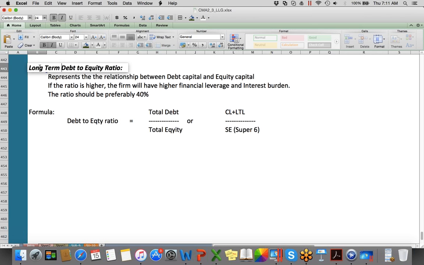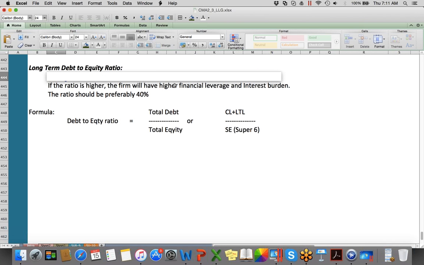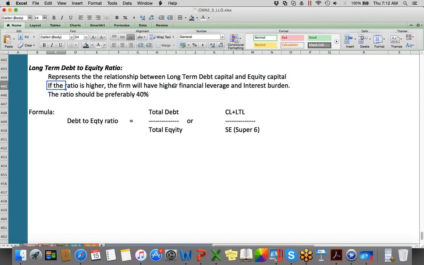Long term debt to equity ratio. Okay, it represents the relationship between long term debt only, you don't include any short term current liabilities, and equity capital. If the ratio is higher, obviously the financial leverage will be higher and there will also be an interest burden. It should be around 30% or less.